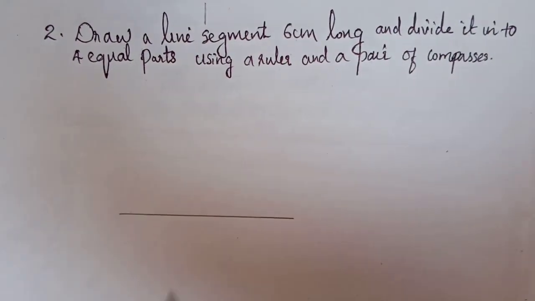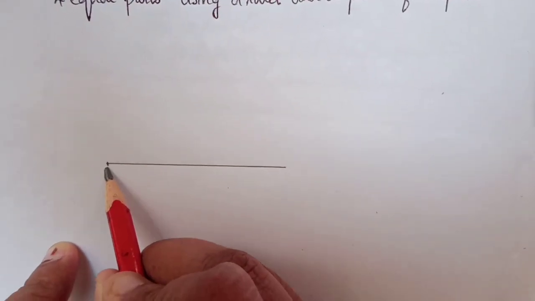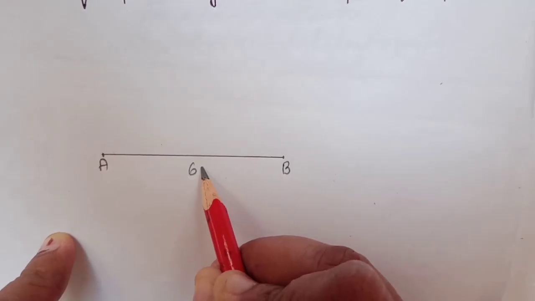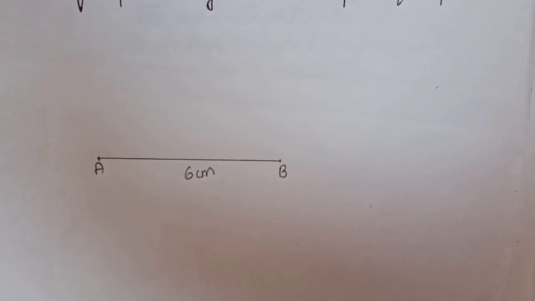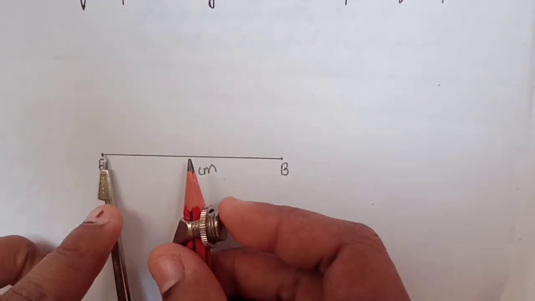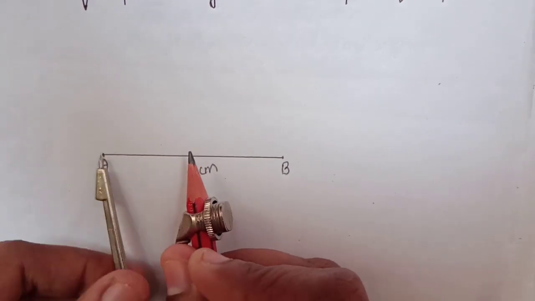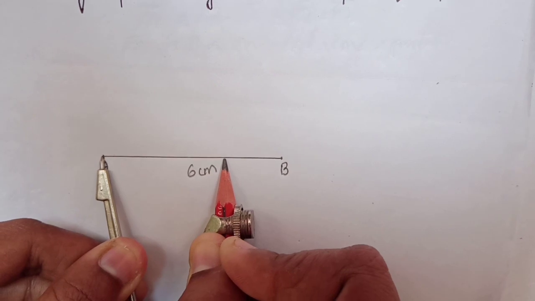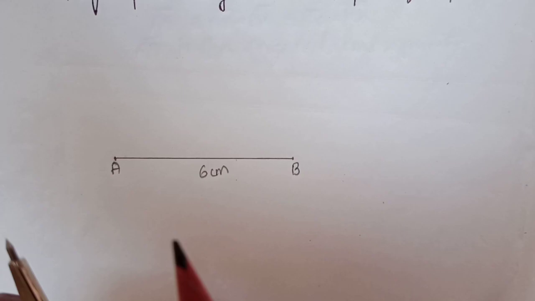Take more than half of length of AB. More than half means more than 3 cm, more than half means this one.